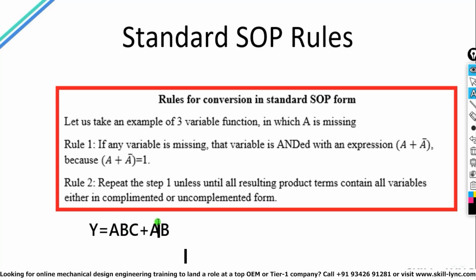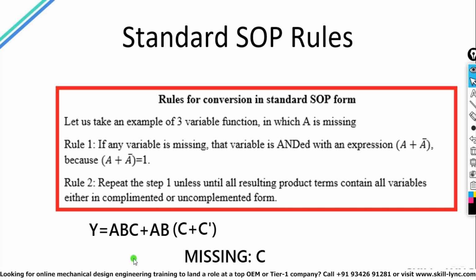This is the first term, this is the second term. The first term has all 3 variables, but in the second term, C is missing. So the missing variable is C. Then you will multiply this term with C plus C bar. Okay, what am I doing?